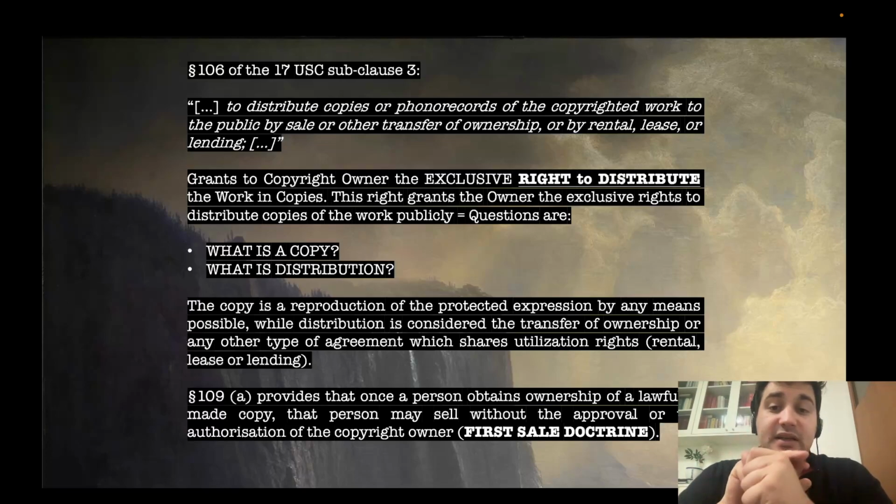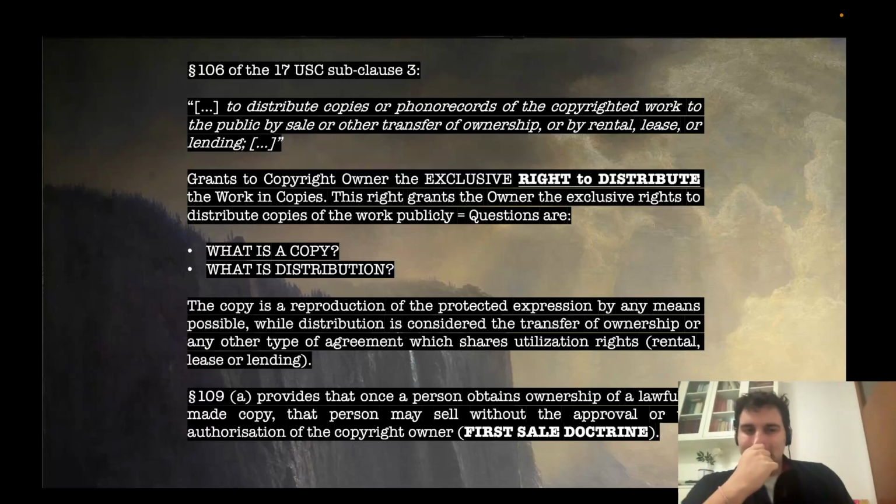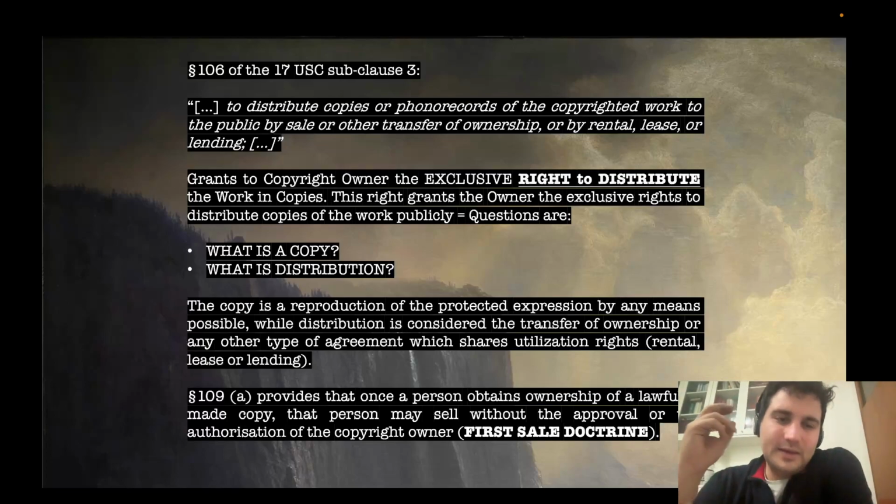Next, subclause 3 of section 106 is the right to distribution. This one is, as we have seen before, talking about the WIPO treaty at article 6, where the copy is a reproduction by patent expansion.